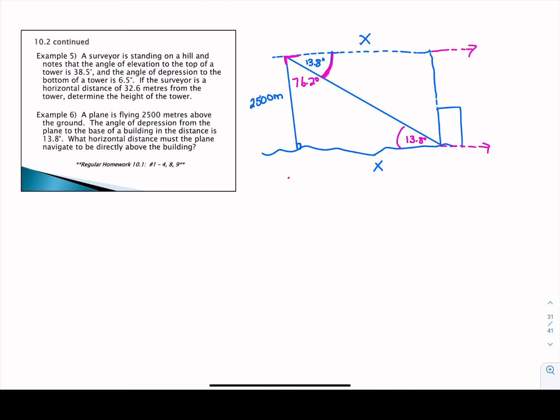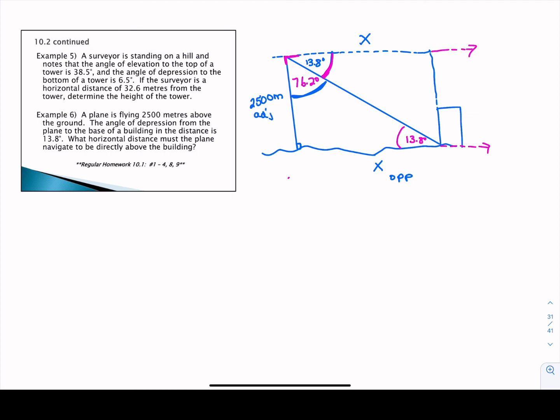So we have more than enough information at this point to solve the problem. If I want to solve for x, we can use 76.2 degrees as your reference, or we could use 13.8 degrees as your reference. If I use 76.2 degrees as my reference, let's say, x is going to be the opposite side, and 2,500 meters is going to be our adjacent side.